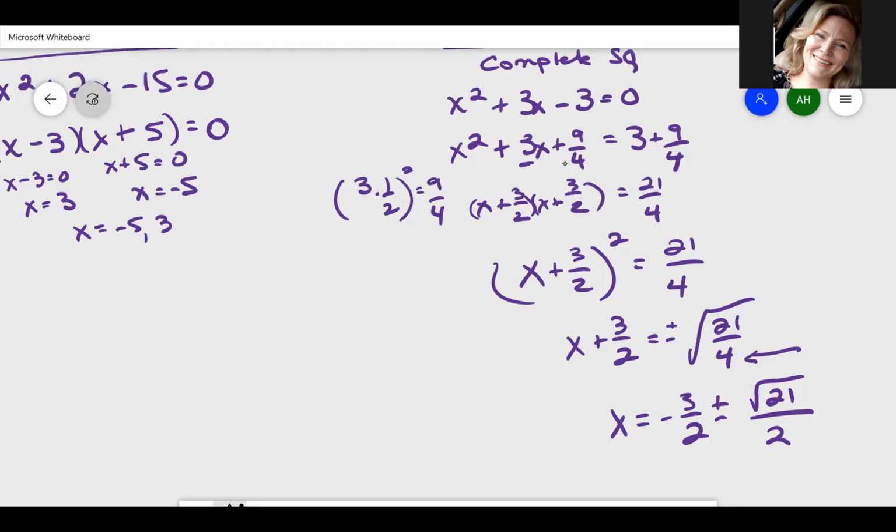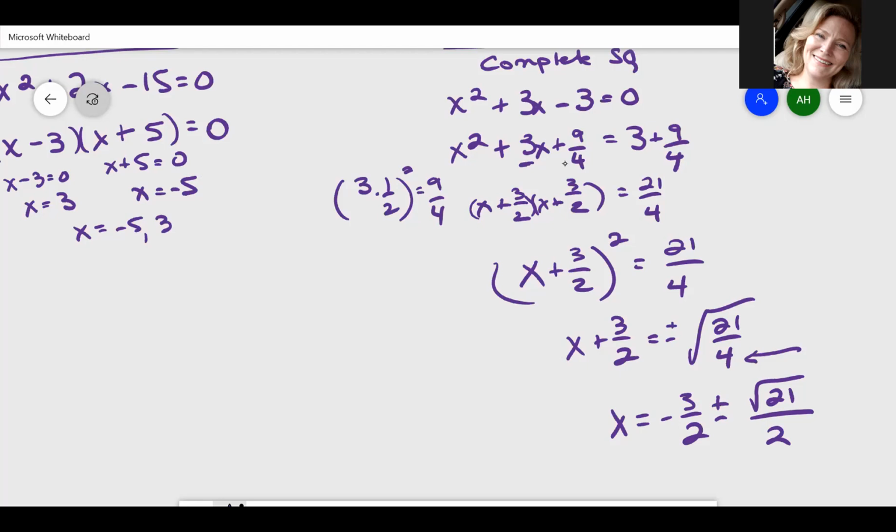It's not just the square root of the top, it's the square root of the bottom also. So we've got those two different ways that we solve a quadratic equation. If it's factorable, we factor it. If it's not, we complete the square.